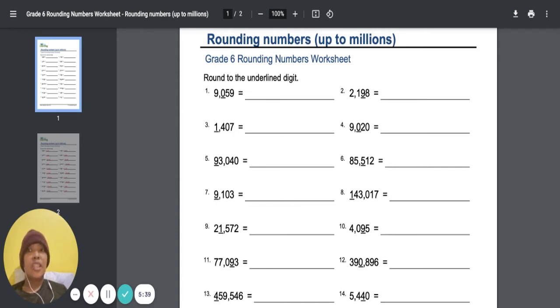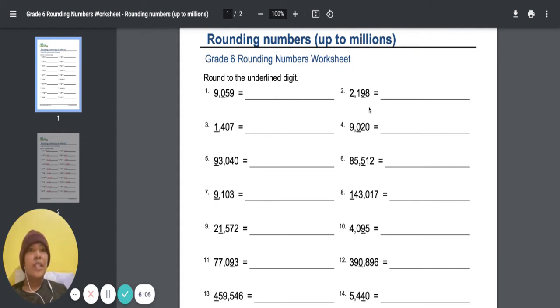So, it's rounding up. So, you add 1 to 8. So, your answer is 9,000. And you make everything as 0. Remember, you don't make it 90 kasi this is 9,000. If that is money, from 9,000 naging 90, that is magkaiba po yun. So, you make everything here, the remaining numbers as 0.